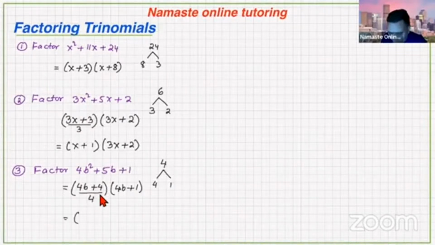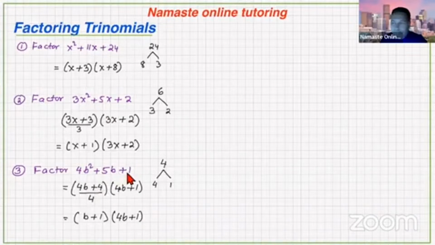So this is equal to b plus 1, because 4b divided by 4 is b, and 4 over 4 is 1, multiplied by 4b plus 1. That is the factored form for this trinomial 4b squared plus 5b plus 1. So we have seen 3 examples here. We'll look at a few more just to get used to the technique.